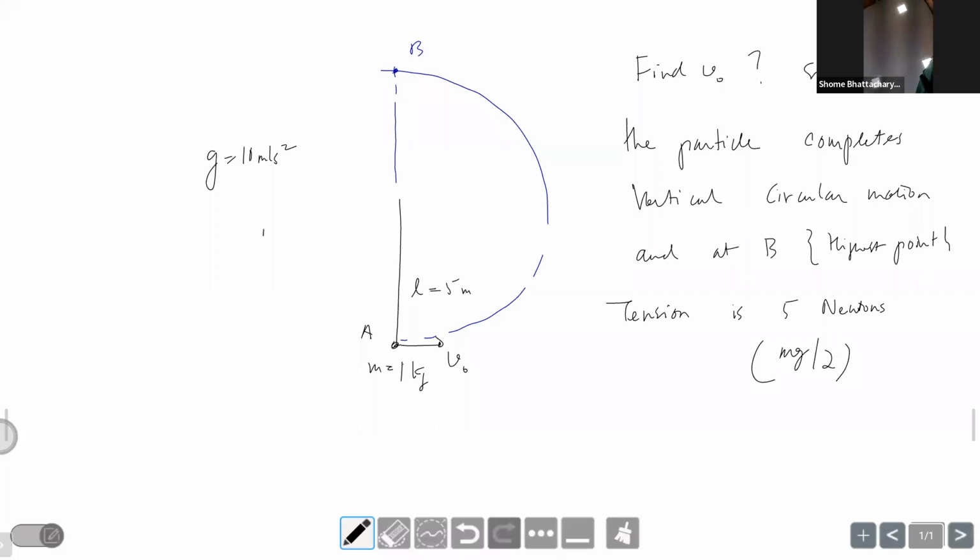So this is like a back calculation. Using the value of tension at the top, you'll find the speed of the particle at the top, and then using work energy, you will find what speed you projected with at the bottom.